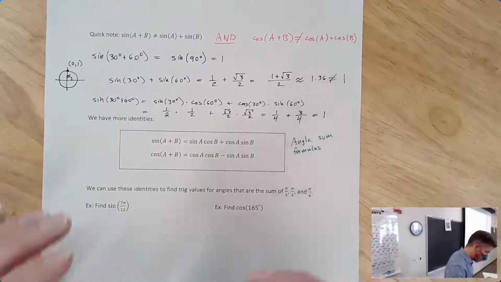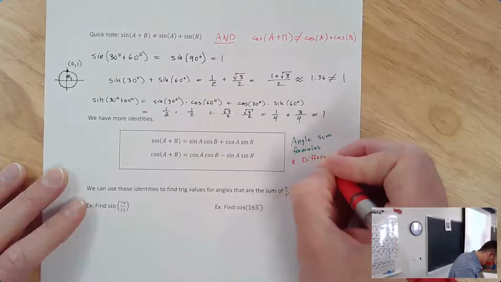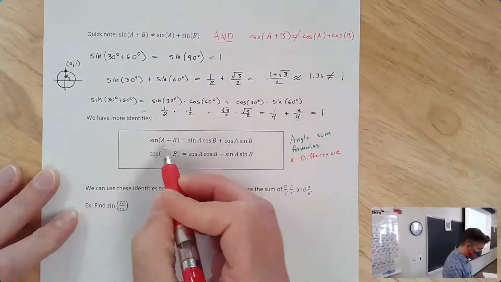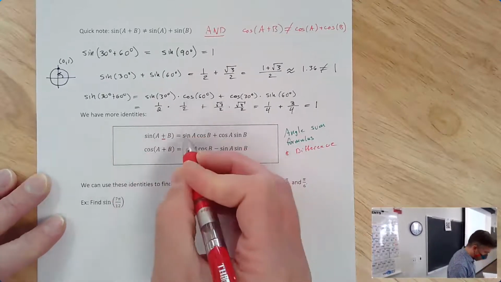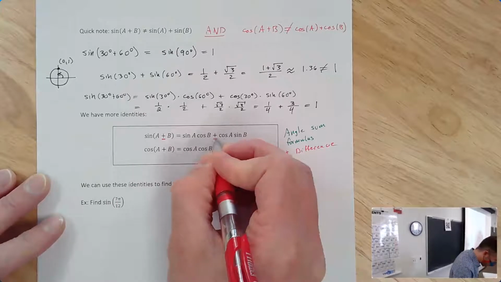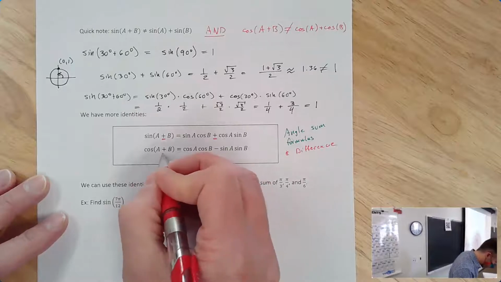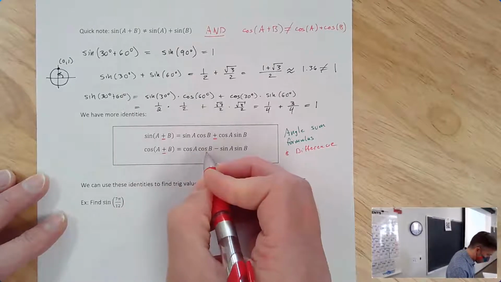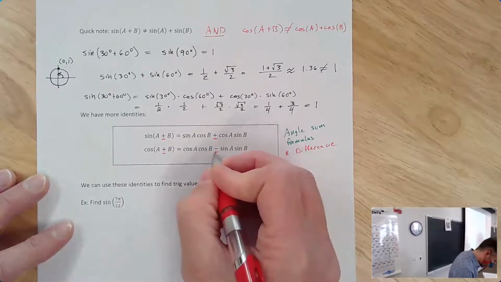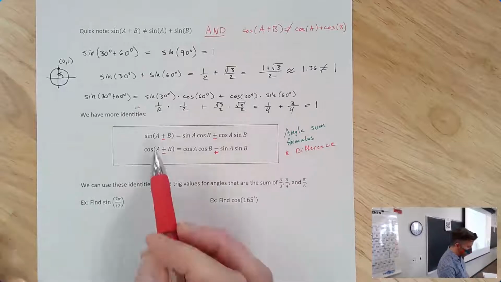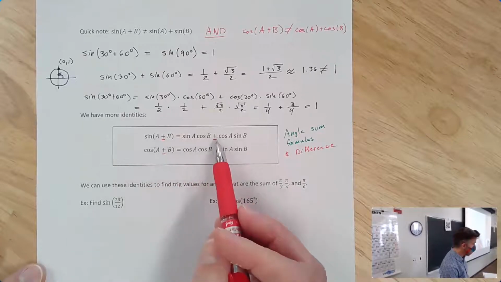I will also point out there are angle difference formulas. So sine of A plus B is this formula. Sine of A minus B is sine of A times cosine B minus cosine A times sine B. And the cosine of A minus B is cosine A cosine B plus sine A sine B. So for the sine function, the sign, S-I-G-N, stays the same.